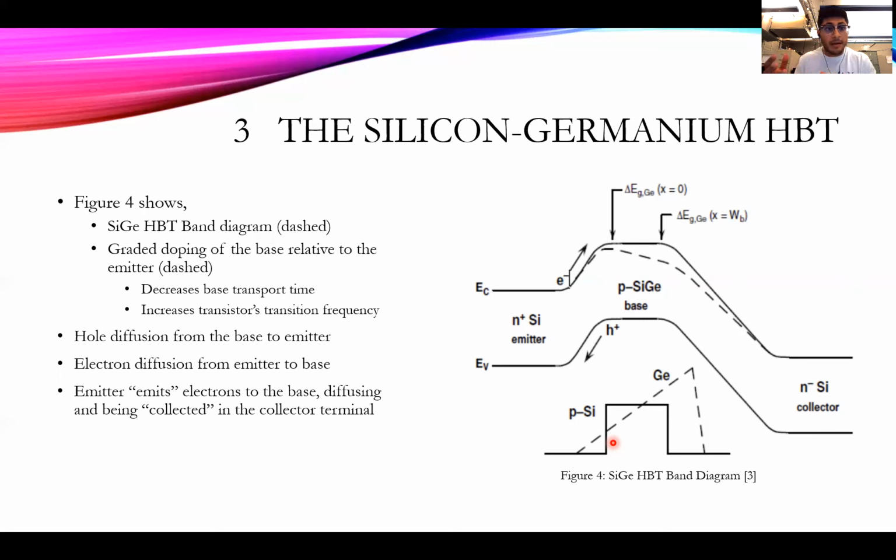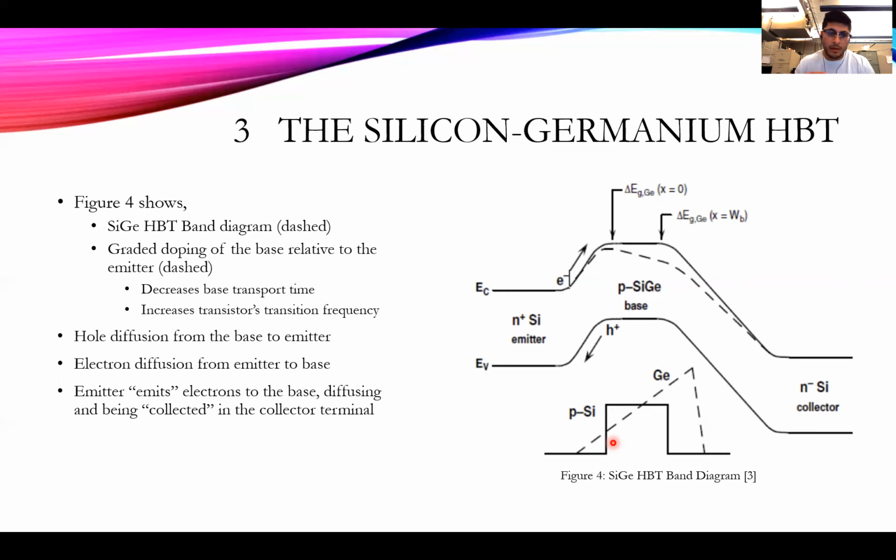So for an NPN, electrons are our majority carrier, emitted from the emitter, diffused, and collected in the collector. Alternatively, if we have a PNP, the majority carrier switches to holes. Then the holes are emitted from the emitter and diffuse across into the collector.